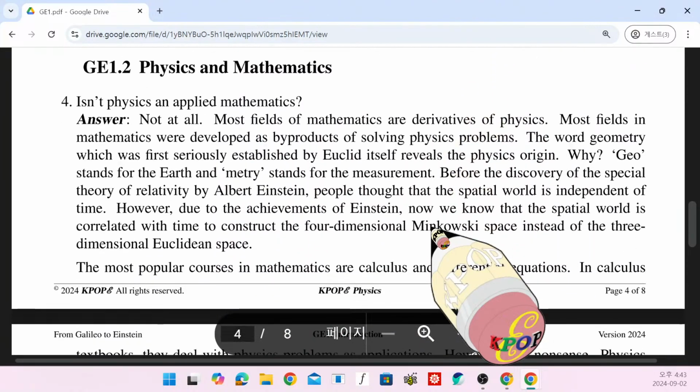Our starting point is to distinguish physics from mathematics. Unfortunately, we have not studied physics enough, but you have studied mathematics too much.